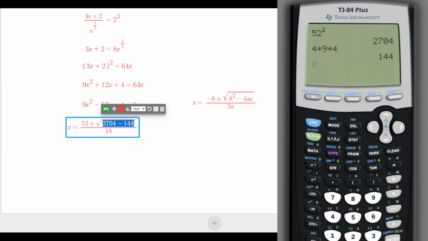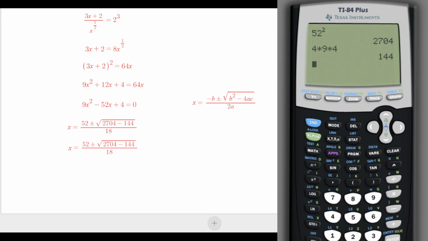So, all right, here's my solution, or not my solution, but I still need to take this a little further. We need to do 2,704 minus 144.